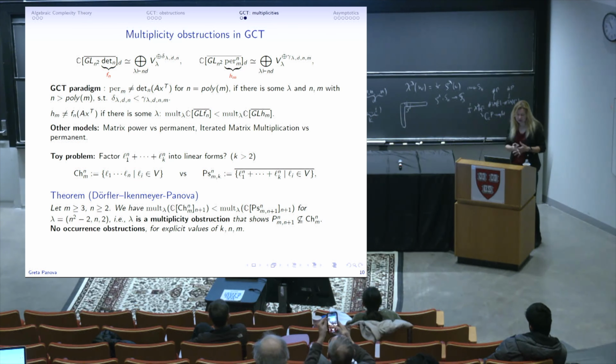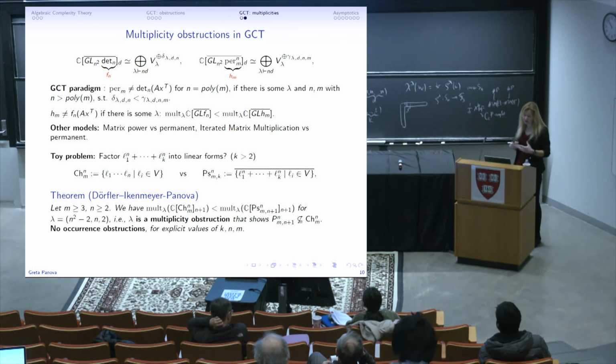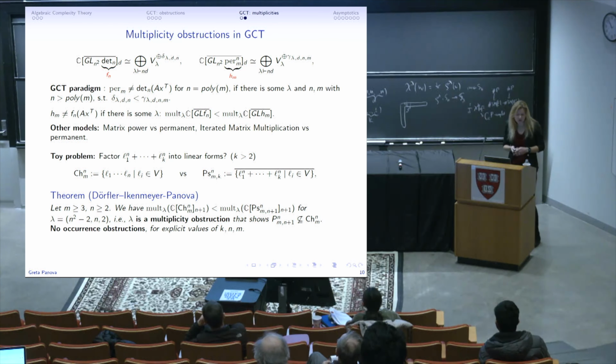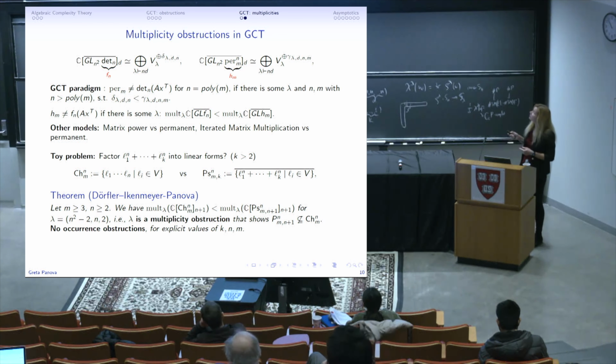What it turns out is that there are no occurrence obstructions here. So if the lambdas show up in both at the same time, we can actually find the multiplicity obstruction, an actual lambda for which this inequality holds. And so, in particular, we cannot express the power sum polynomial for k equal to n plus 1 in terms of linear forms.